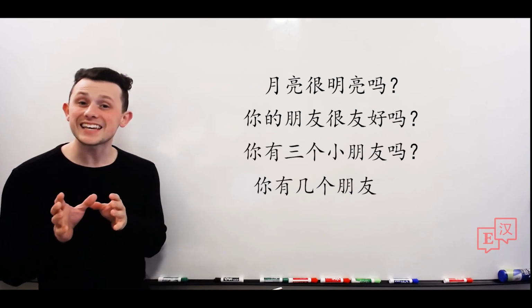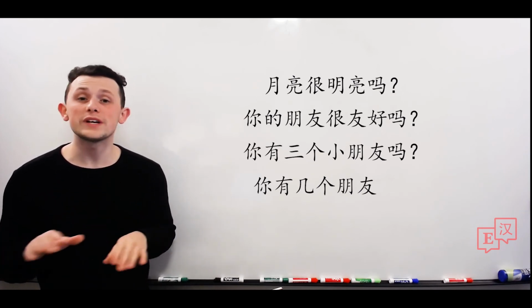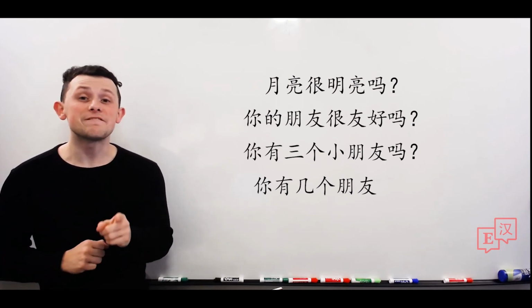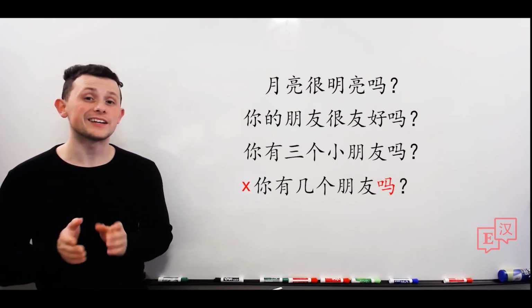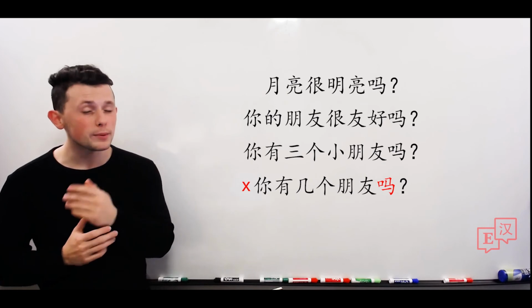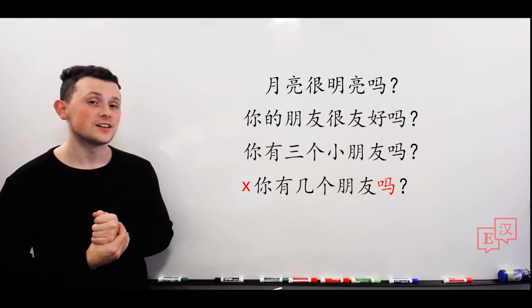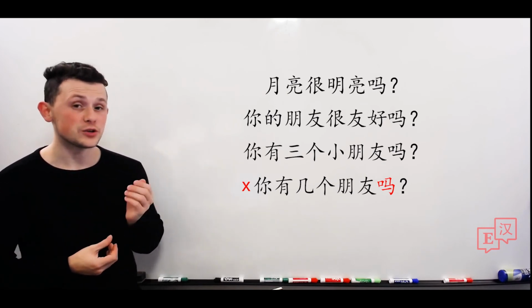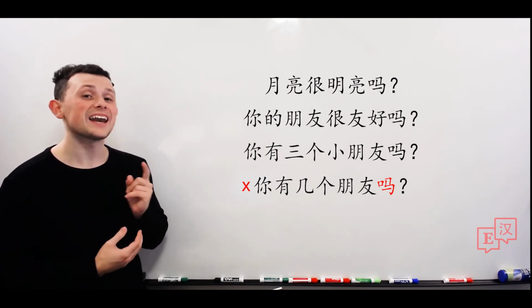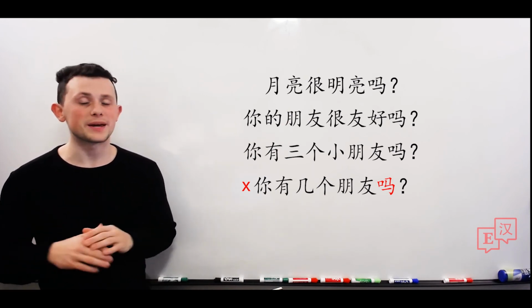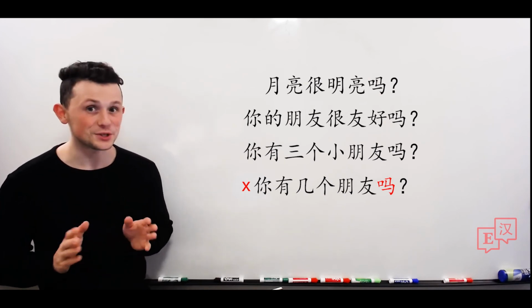And since that is the case, there is no reason to add 吗 here. In fact, if you add 吗, it changes the meaning and is no longer the question you were probably meaning to ask. So, how many friends do you have? 你有几个朋友? Adding a 吗 would destroy that meaning and make it something else completely, causing, I'm sure, a lot of confusion.